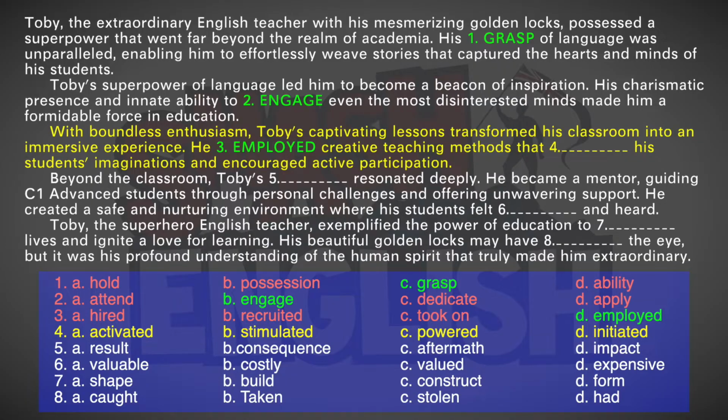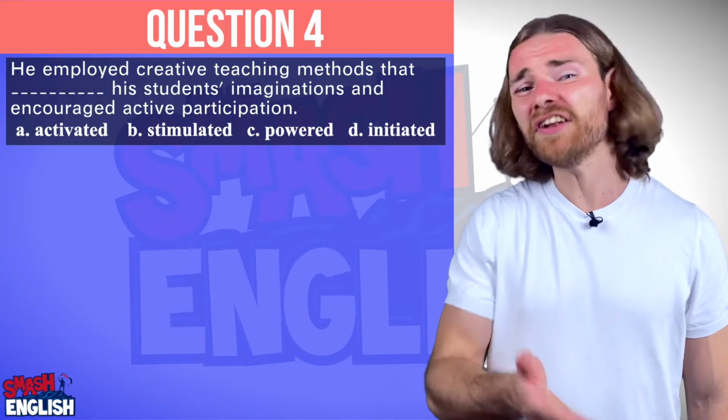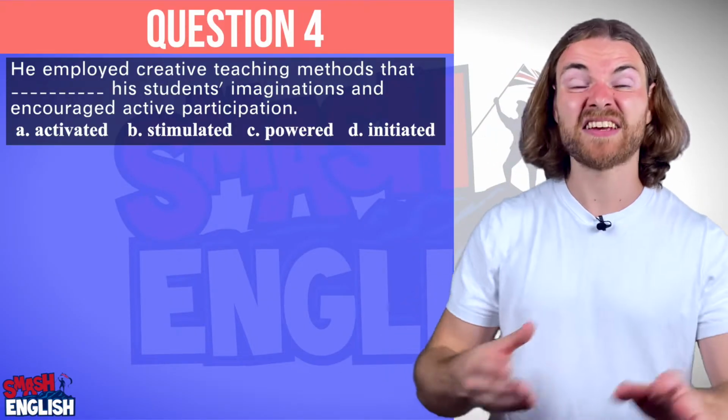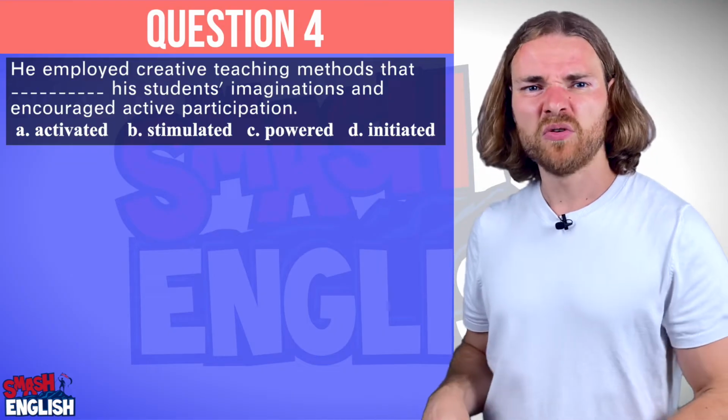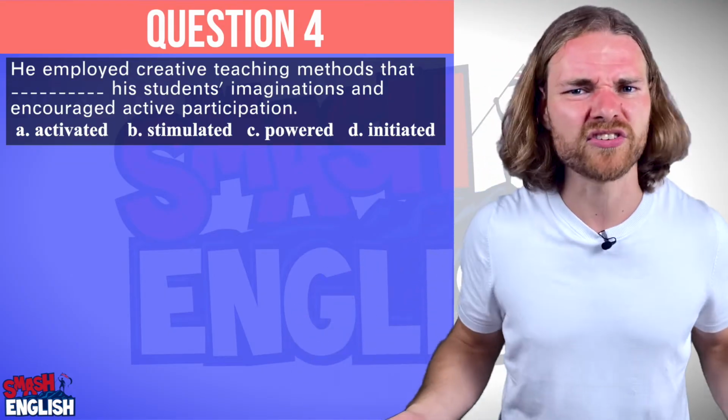With boundless enthusiasm, Toby's captivating lessons transformed his classroom into an immersive experience. He employed creative teaching methods that his students' imaginations and encouraged active participation. Oof, the thing is, none of these options produce a grammatically incorrect sentence, or even a semantically wrong sentence.